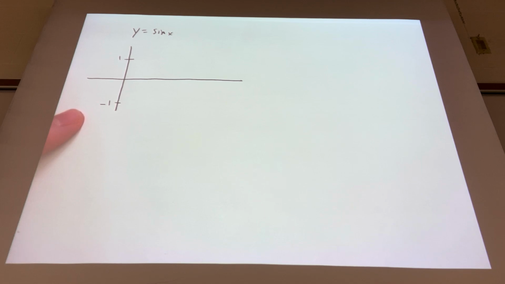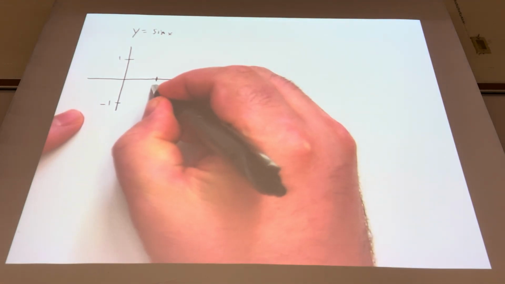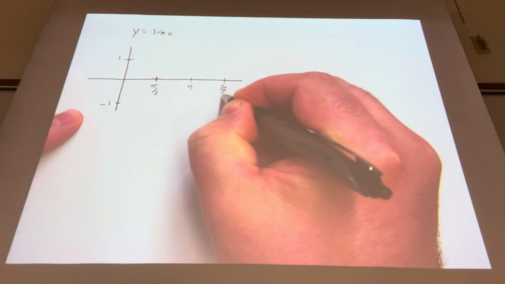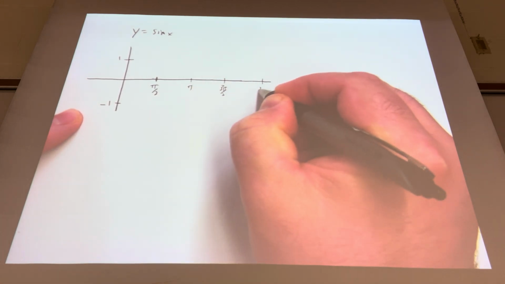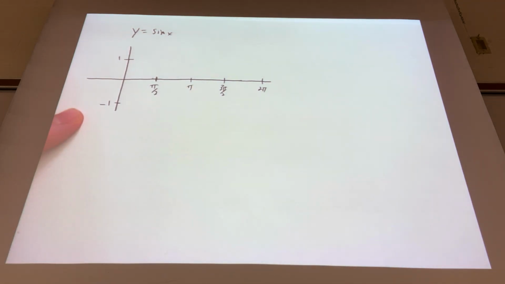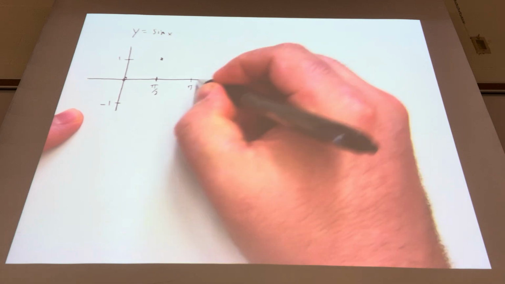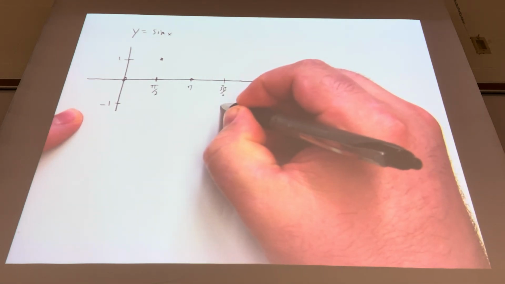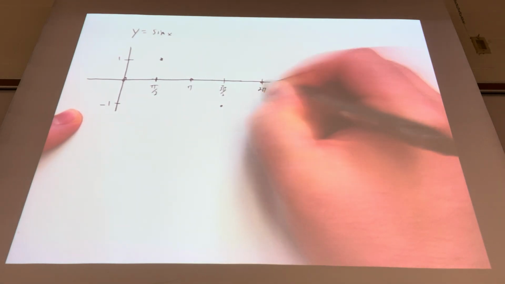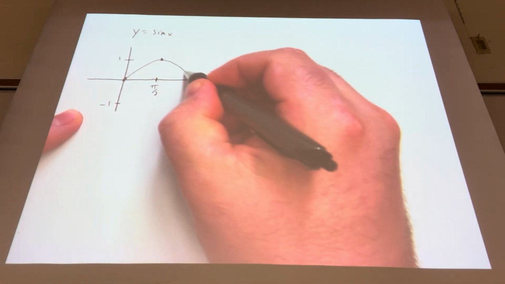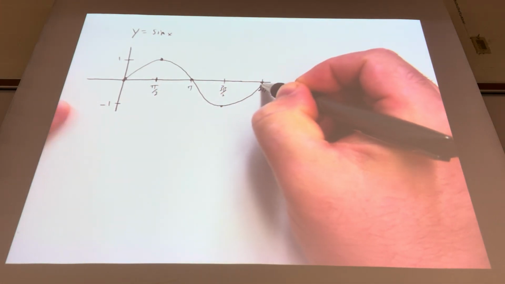So our critical values are 2 pi divided by 4, so that's every pi halves. So I go pi halves, pi, 3 pi halves, and then 2 pi. And we remember we started at the 0, we went up, we went to a 0, we went down, we went to a 0, and this just continued on, so we had this nice curve that looked like this, right?